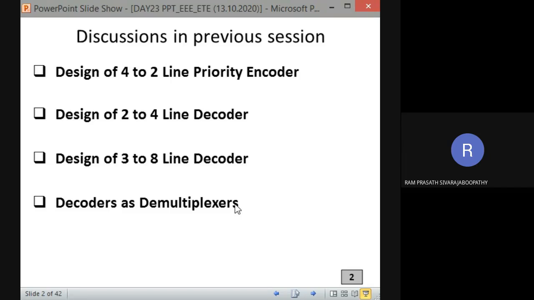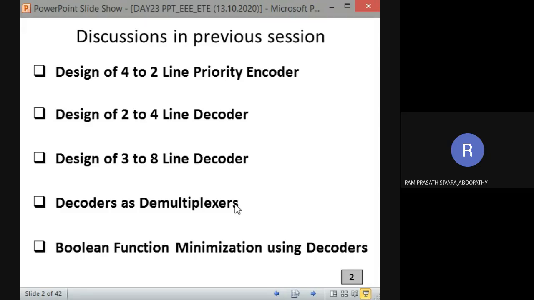Yes, enable, very good, Sabri Shetty, Jivita. If a decoder is provided with the enable input, if E equal to 0, the output is always 0, irrespective of the inputs. That means E must be made 1 so that the decoder is enabled, and then it will work as a demultiplexer. All this we discussed in the previous session.